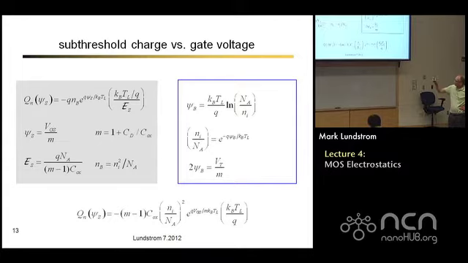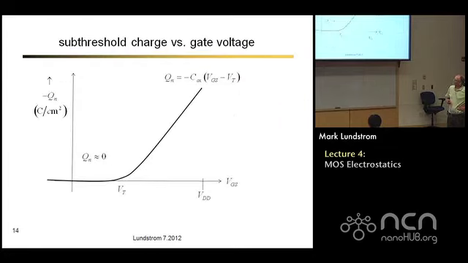So if I want Ni over Na, I can solve for it, and if I squared that, I would have Ni over Na squared is equal to e to the minus q over 2 psi b over kT. Well, 2 psi b is the band bending at threshold. And the band bending at threshold is related to the voltage on the gate. It's just the threshold voltage divided by M.